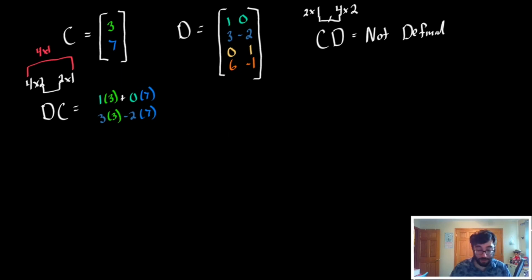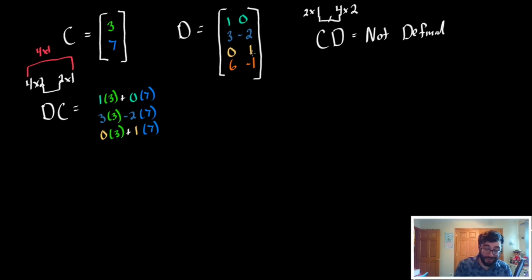And then we continue. Now we're moving on to the next row. And this would be 0 times 3 plus 1 times 7.